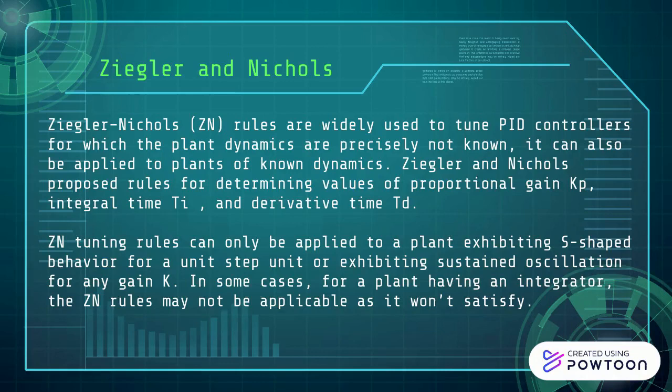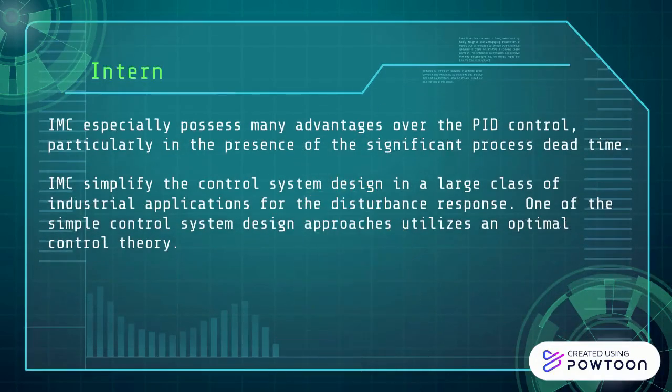And Ziegler-Nichols tuning rules can only be applied to a plant exhibiting S-shaped behavior for a unit step response or exhibiting sustained oscillation for some gain K. In some cases, for a plant having an integrator, the Ziegler-Nichols rules may not be applicable as it won't be satisfying. Lastly is the internal model control.